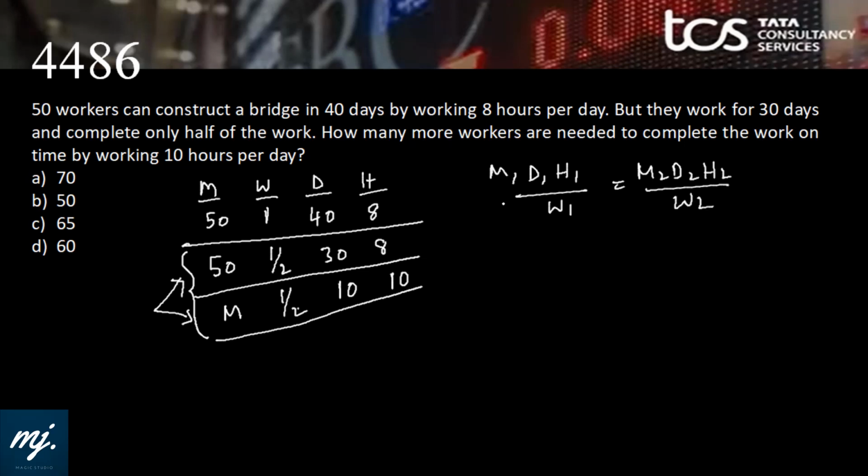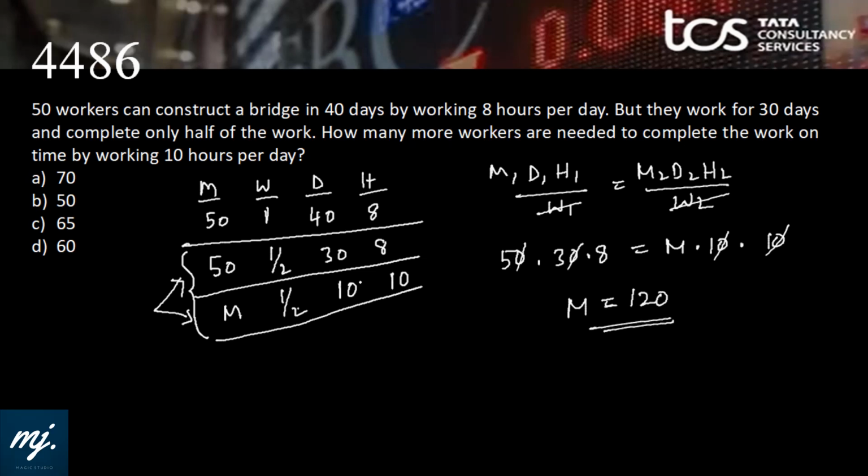Here W1 and W2 are the same. We can cancel it out. So 50 into 30 into 8 equals M into D2, which is 10, and H2, which is 10. 0, 0, 0, 0 gone. So M equals 24 into 5, that is 120.